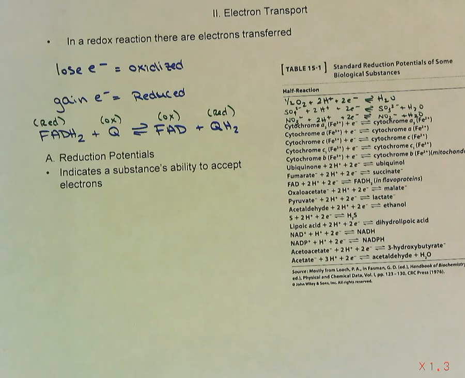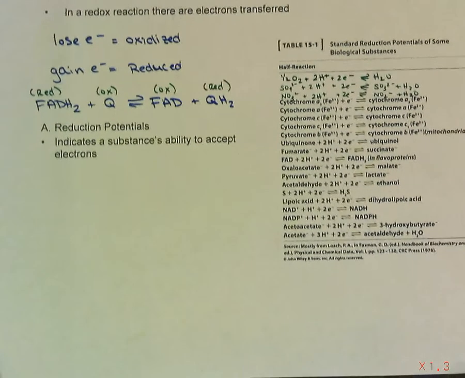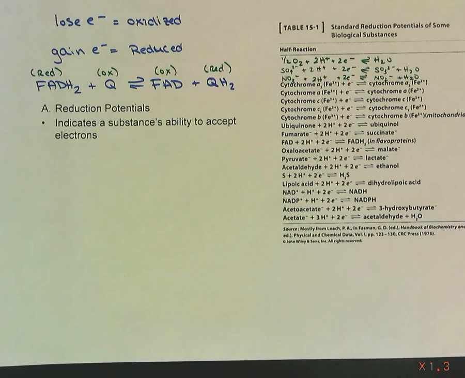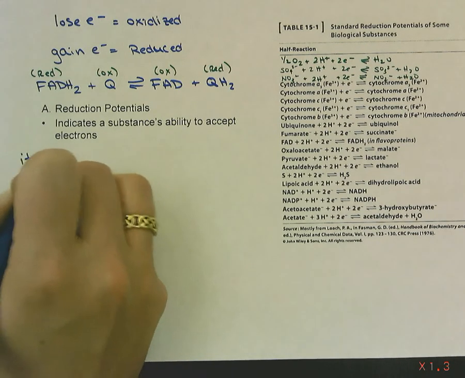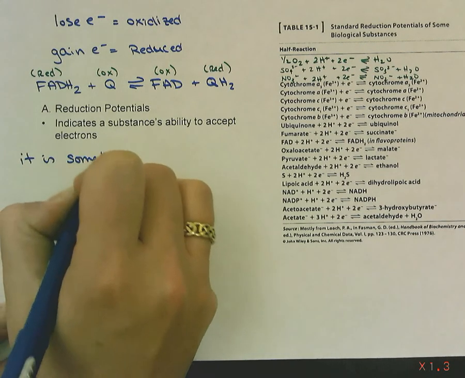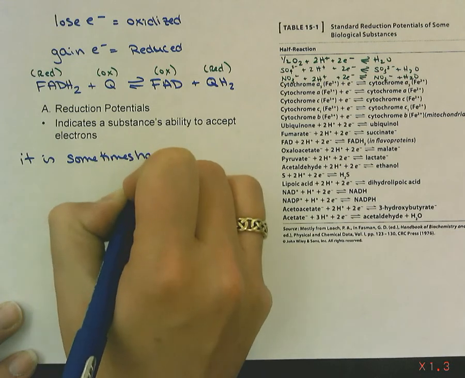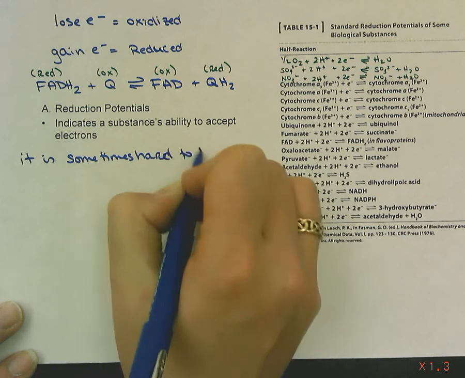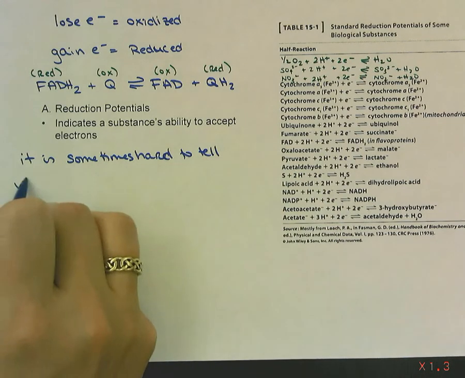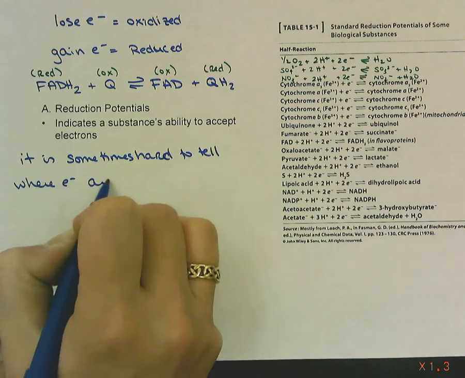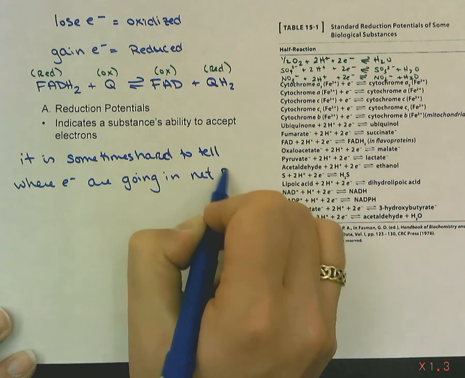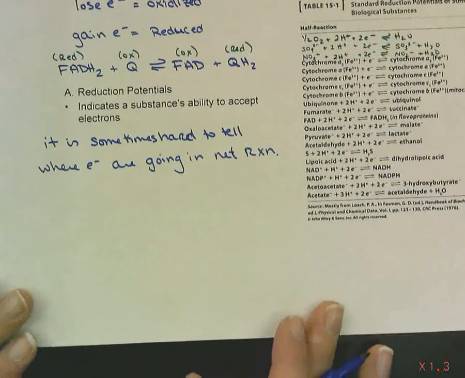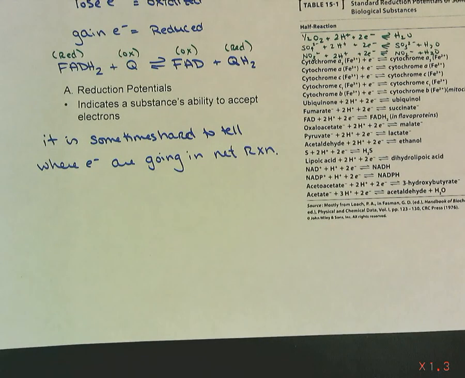But we're going to look at this even closer than that. I think most people agree with this. It's sometimes hard to tell where the electrons are going in a net reaction.